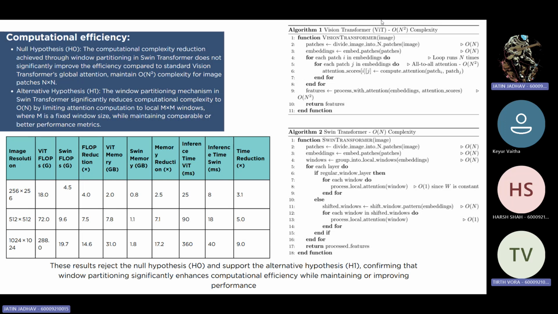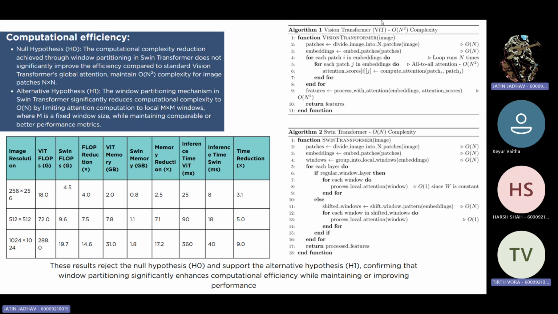Hence come Swin transformers. Looking at the bottom right corner, we can see that it also divides the image into multiple patches, but then it groups the patches into windows. So let's say if we have 1,000 patches, we have groups of 7 by 7 windows. So now the self-attention will be calculated only with the patches of those windows.